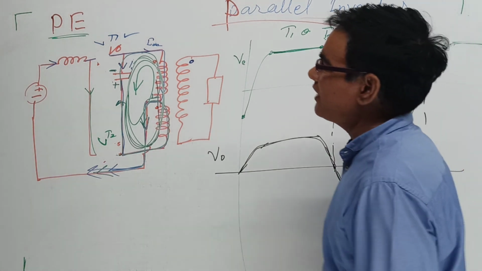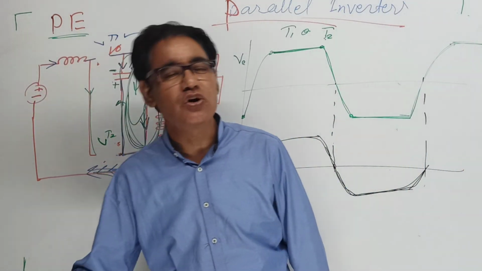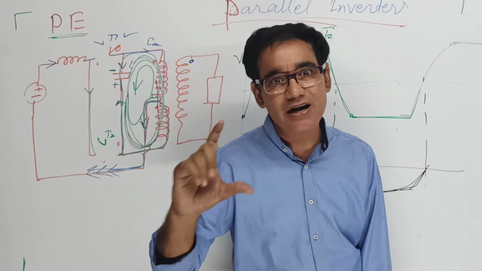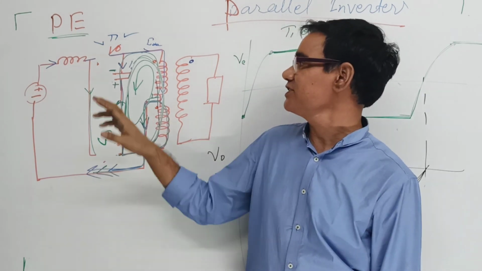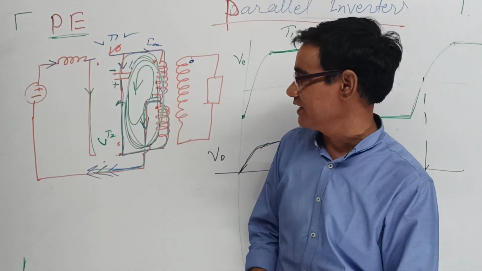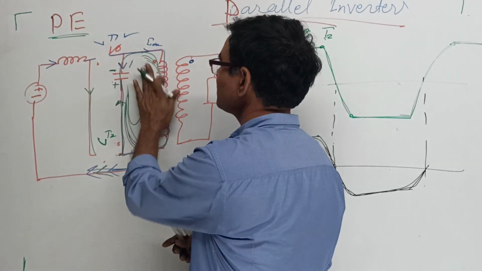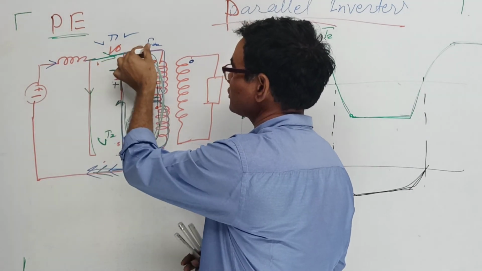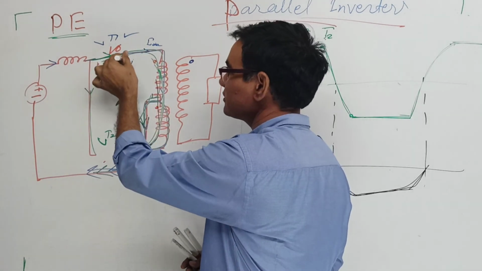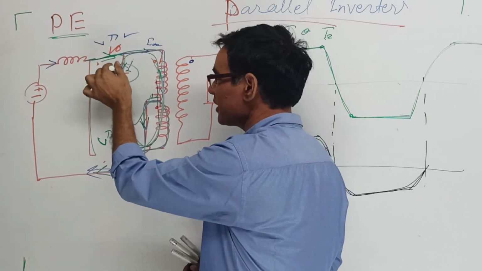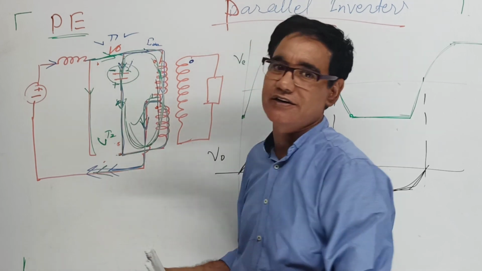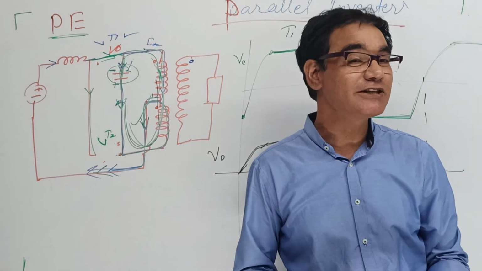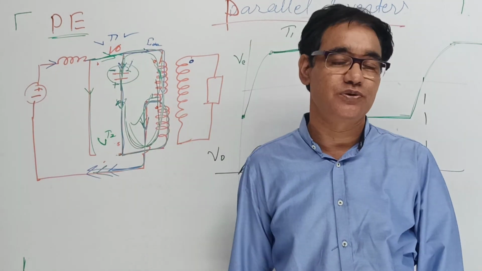This is known as a parallel inverter, because when the load is taking the current from thyristor 1, this capacitor, the commutating capacitor, is also taking the current. So the commutating capacitor works in parallel with the load.